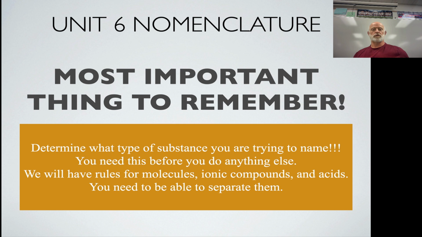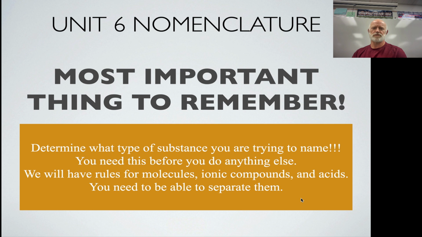So, what's the most important thing we gotta do then? Right? That's probably the number one thing. It's like, okay, Miss Jerson, what's the most important thing? The most important thing to remember is to determine what type of substance you are trying to name. Alright?